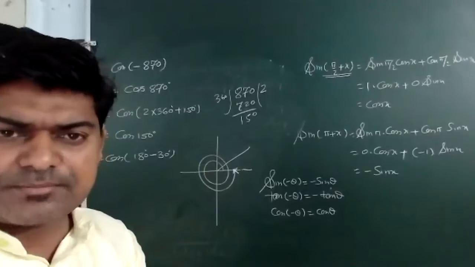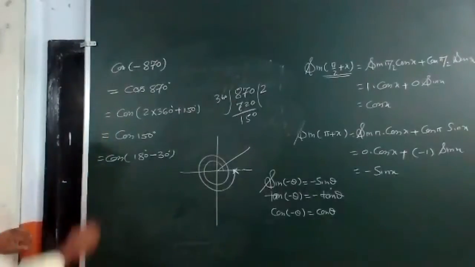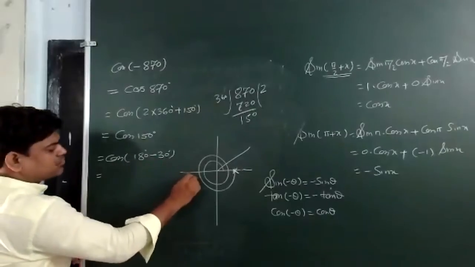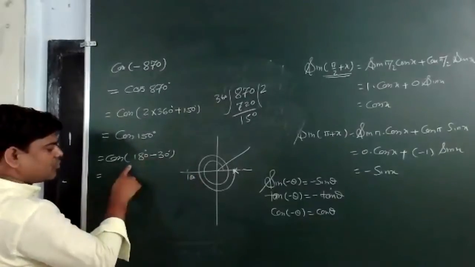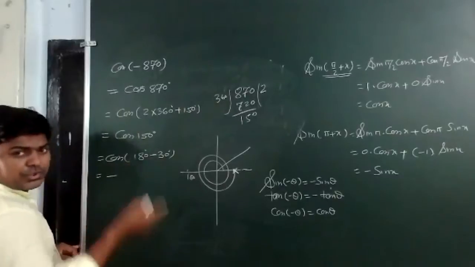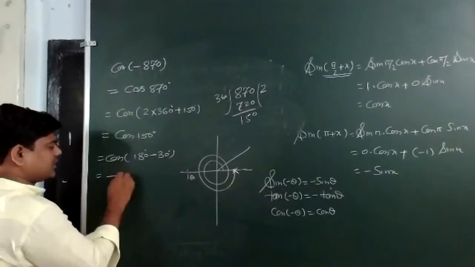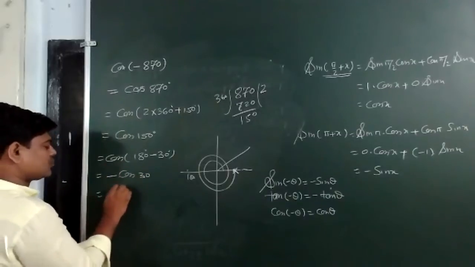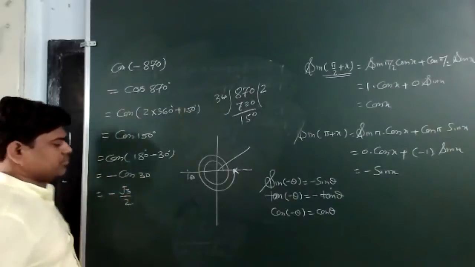Now, here you can see 180 minus theta will be in the second quadrant, where cos is negative. With 180 it will not change, so it is minus cos 30, and the value of cos 30 is root 3 upon 2.